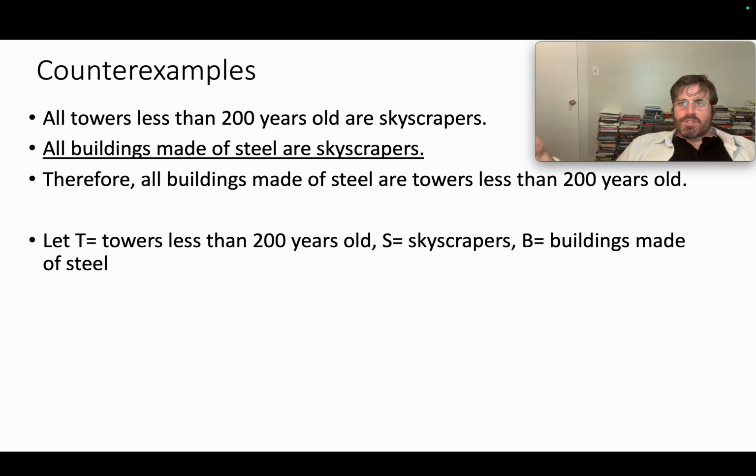Now I ask you on your own to rewrite this argument just using these formal symbolic letters as stand-ins for each premise and conclusion. T represents towers less than 200 years old, S represents skyscrapers, and B represents buildings made of steel.